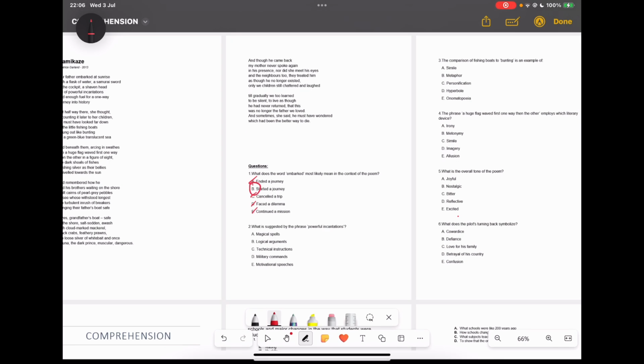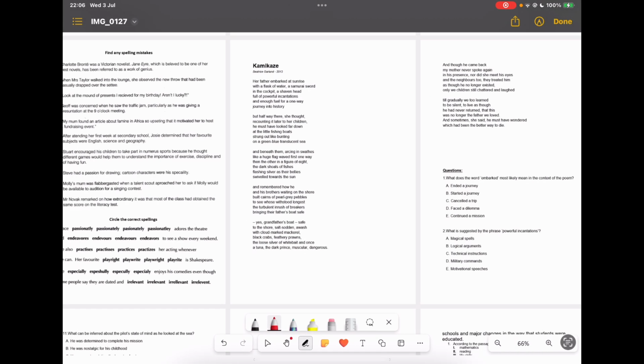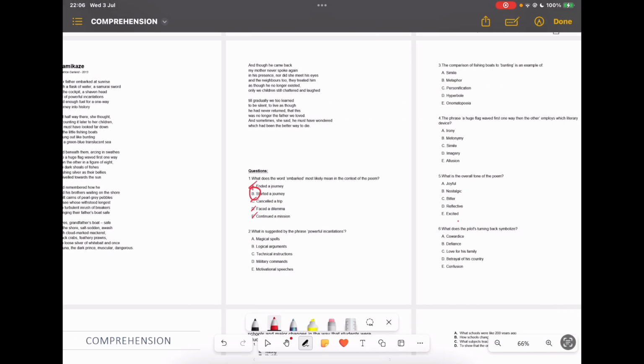And next, what is suggested by the phrase powerful incantations? Well, here we can see that powerful incantations is here in the first paragraph. So a shaven head full of powerful incantations and enough fuel for a one-way journey into history.